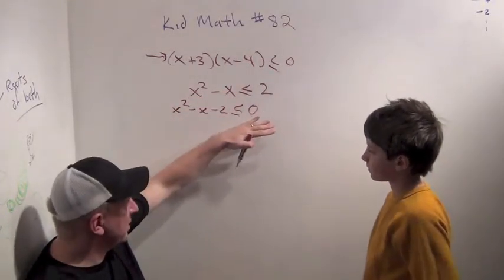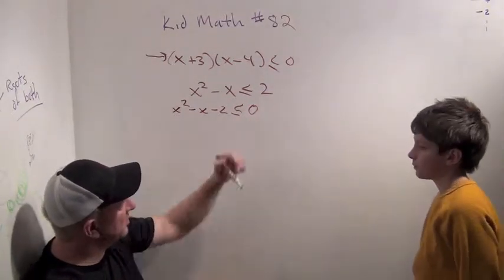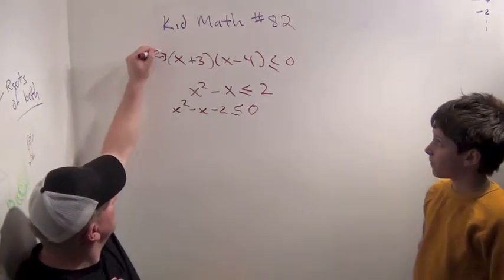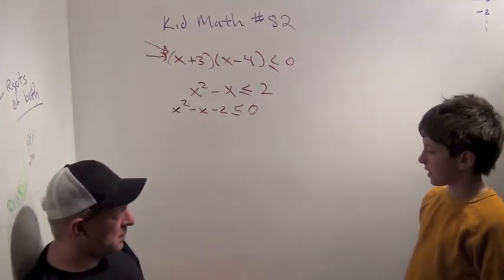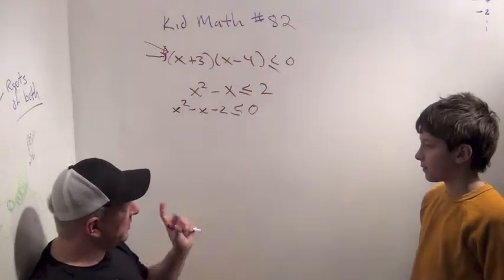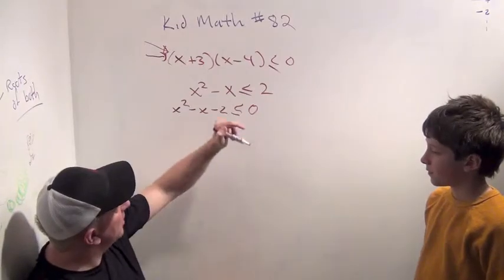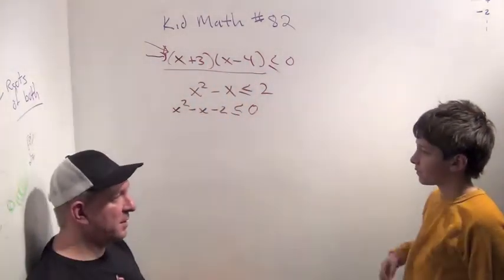And that brings up a very interesting point. What's special about 0? What made this one solvable? Well, because 0 isn't negative or positive. That's true, but it does have one very special property that helped us solve this inequality. Do you know what that is?